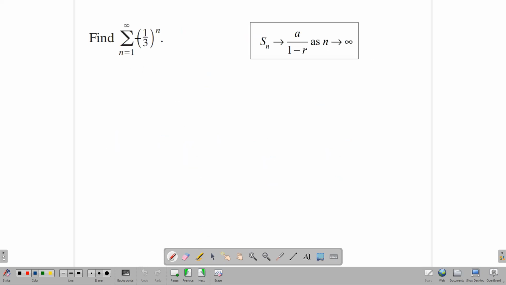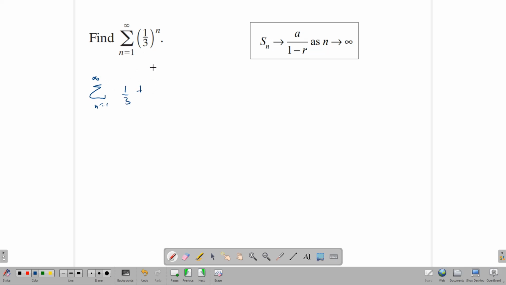Here we have: find the sum to infinity from n equals 1 to infinity of (1/3) raised to the n. Notice that our first term, if we put n equal to 1 here, is going to give us 1/3.